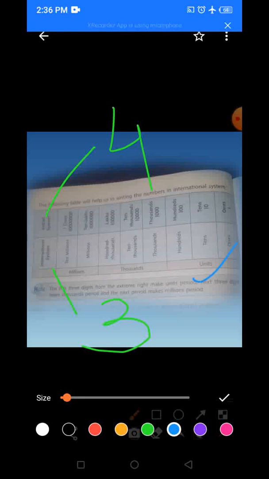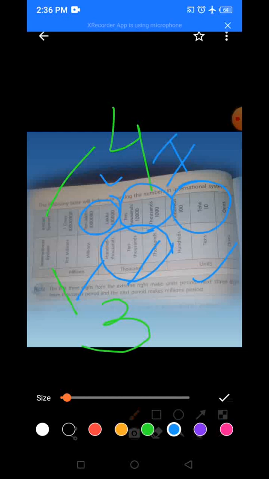The first will be the unit period, the thousand period and the millions period in the international system. Whereas in the Indian system, you will find the ones period and the thousand period. Here there are 3 numbers in thousand, there will be only 2. Then you will have lakh. Here they do not have lakh and crore. These two, the lakh and the crore period, are not there.